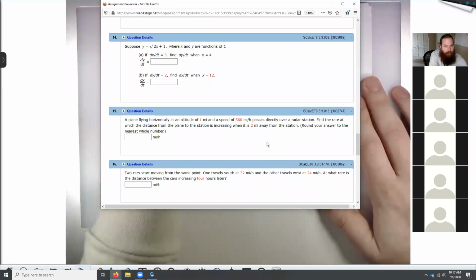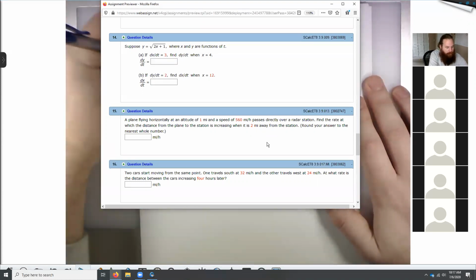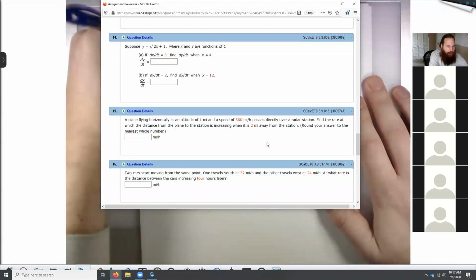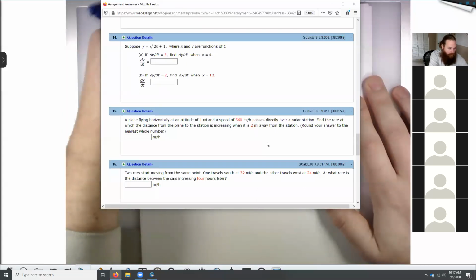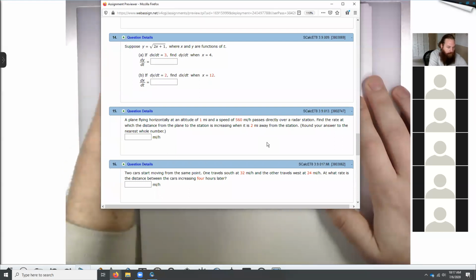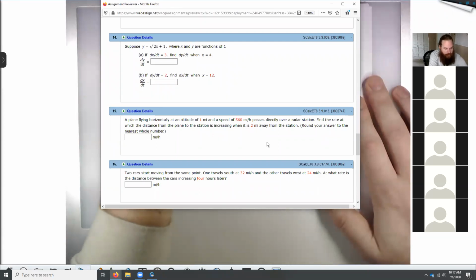If dx/dt equals 3, find dy/dt when x equals 4.